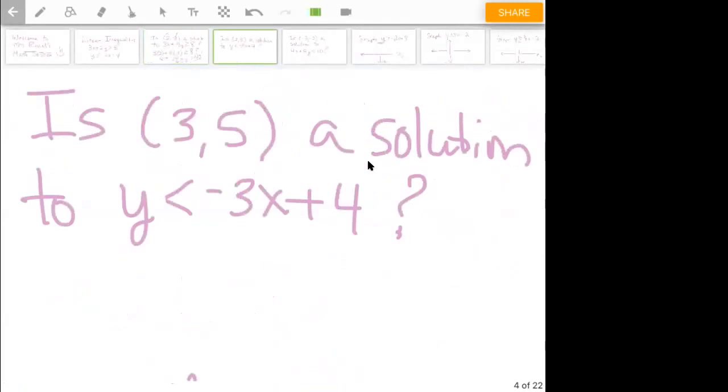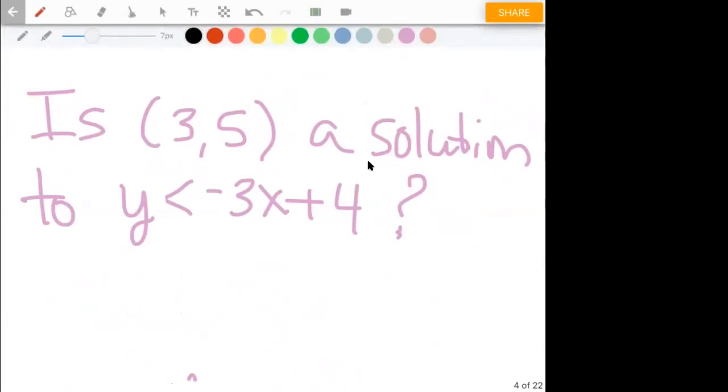All right, so here's another example. Is (3, 5) a solution to y is less than -3x plus 4? So again, we're going to take our point. Let me try getting a different color here. So our x is 3 and our y is 5.